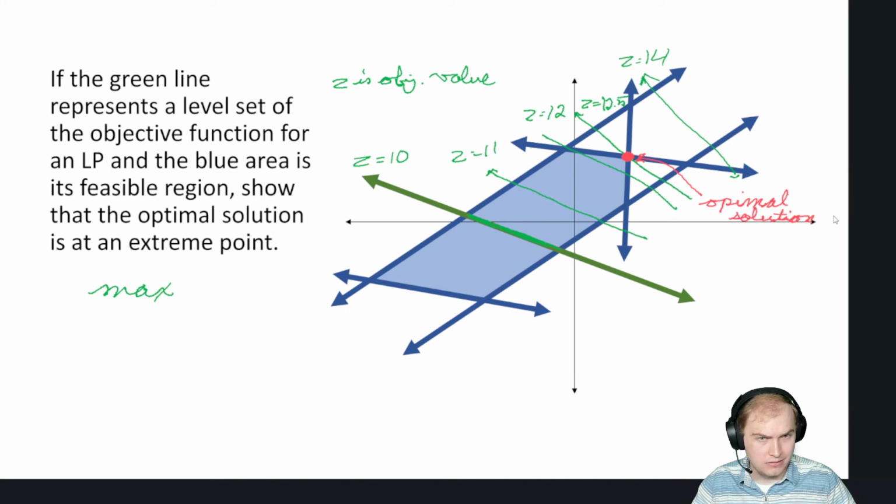Have I made that clear to everyone? Is that explanation coming through clear? So the max is going to be z equals 12.5. That's what you would be looking for.